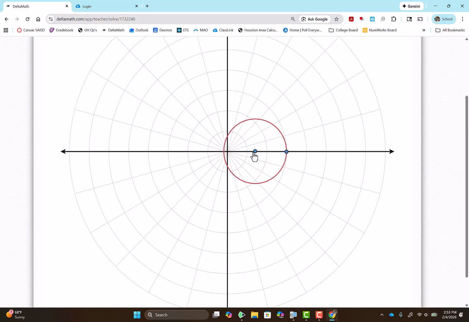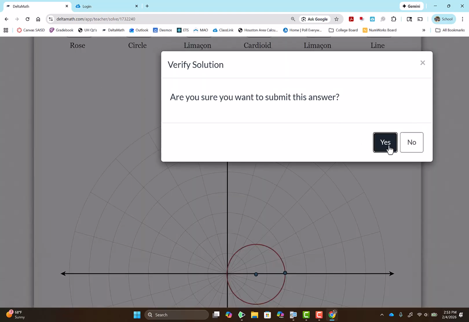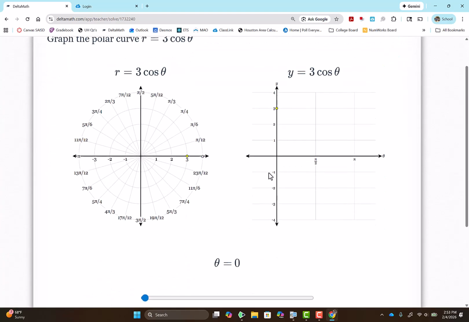Okay, so I need to move it: 1, 2, 3. Move it more to the right. Does that look like 1.5? It's not perfect, but let's see if it takes it. Yeah, it took it.